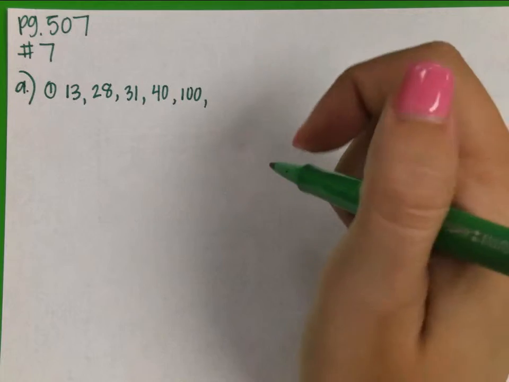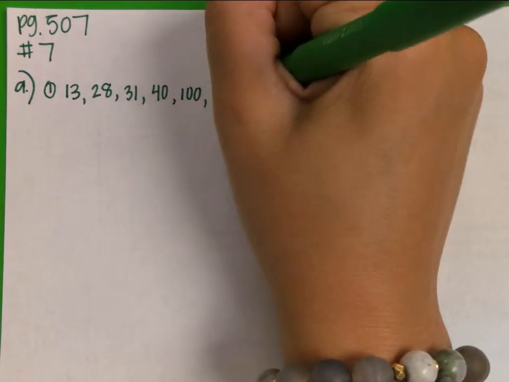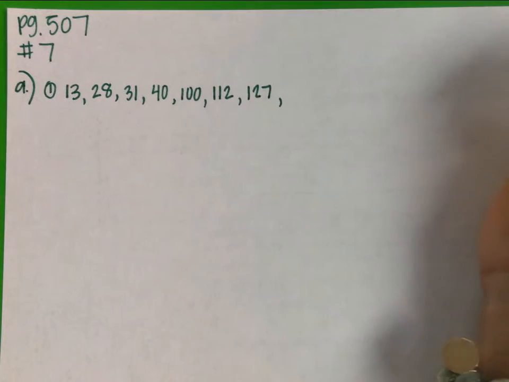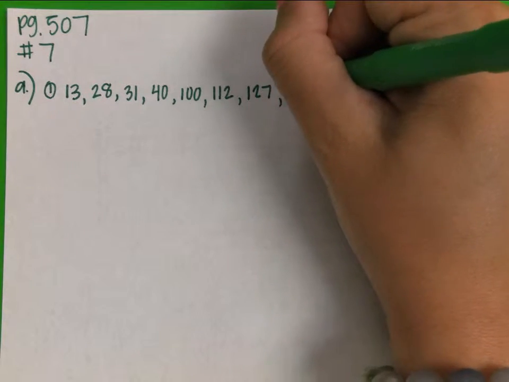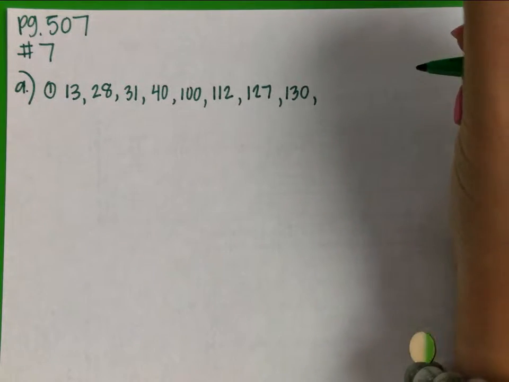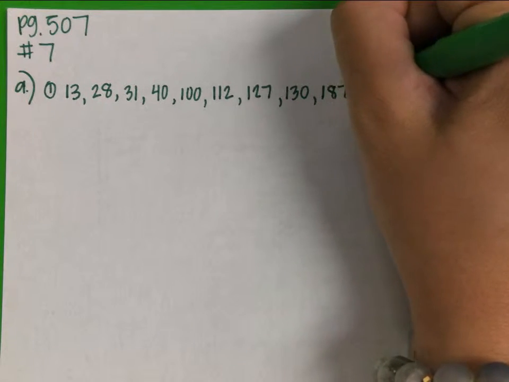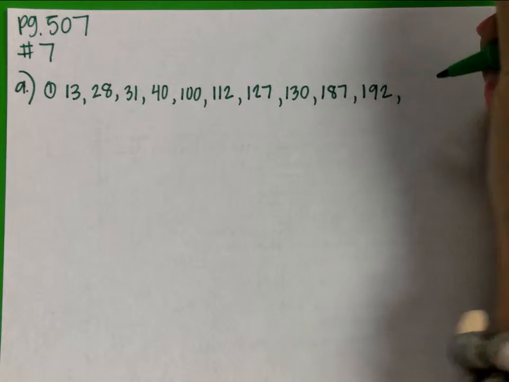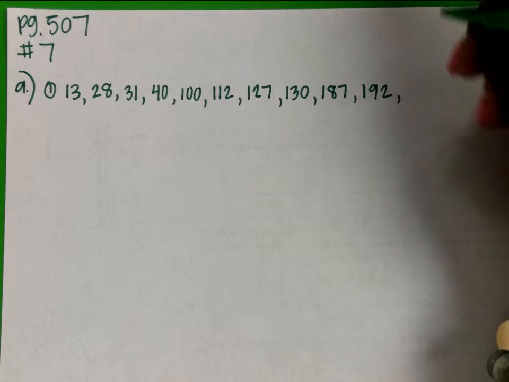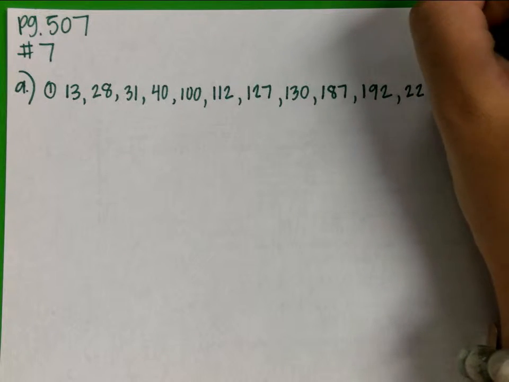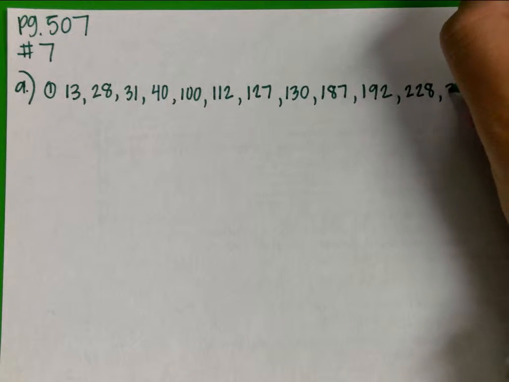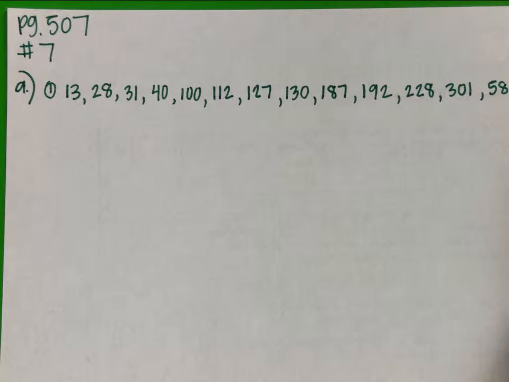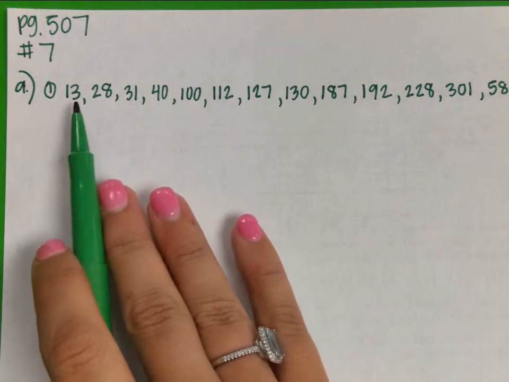What's after 100? 112. 127. 130. 187. 192. 228. 301. And 580.